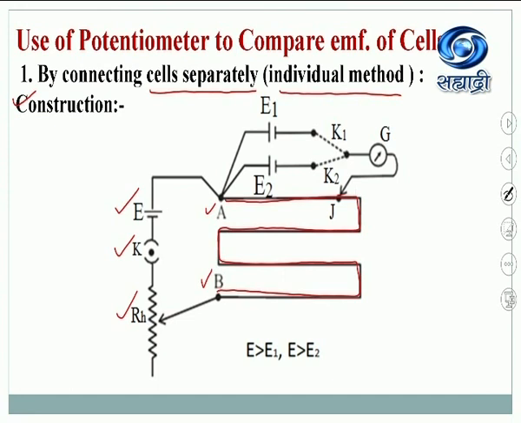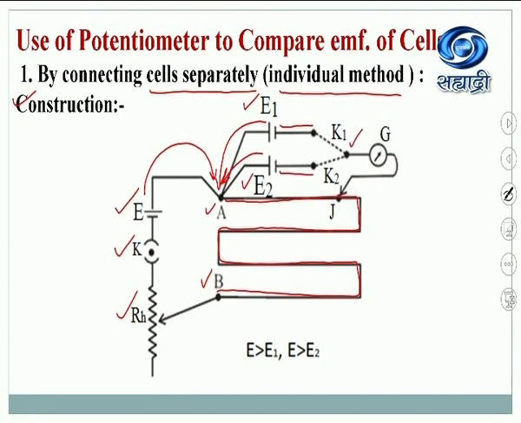Now we want to use this potentiometer wire to compare the cells whose EMFs are say E1 and E2. How are these cells connected? Their positive terminals are connected to this point A. Also, the positive terminal of the battery of EMF E is connected to this point A. Negative terminals are connected to the two-way key.